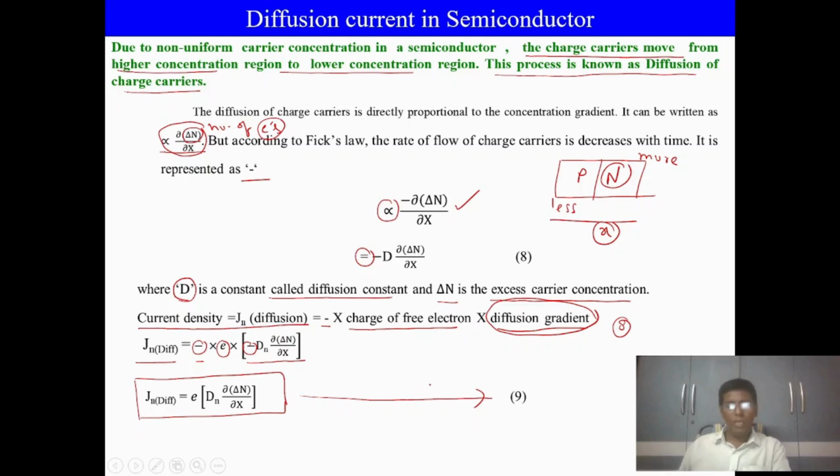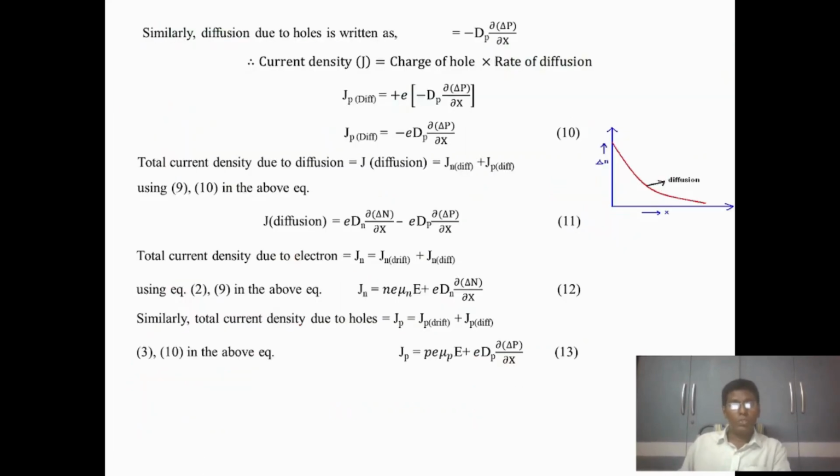Now the same equation can be written in terms of the diffusion of holes. Similarly, the diffusion of holes from the p type to the n type can be written as minus Dp ∂Δp/∂x. Now rewrite the equation for the current density due to hole diffusion, which is the charge of the hole into the concentration gradient or rate of diffusion.